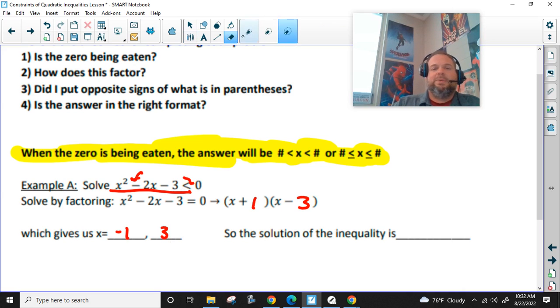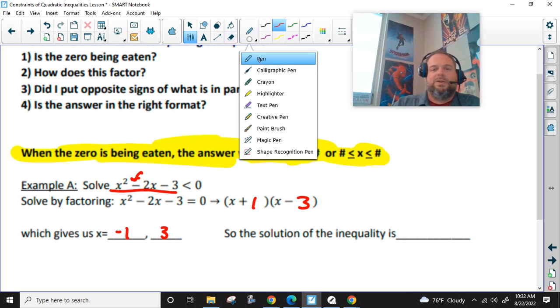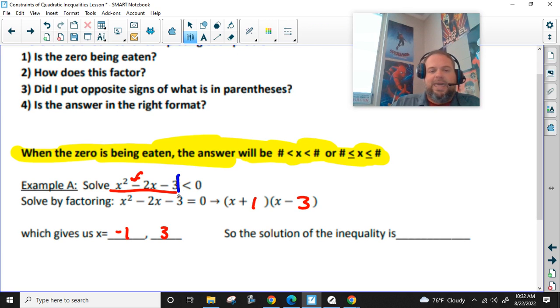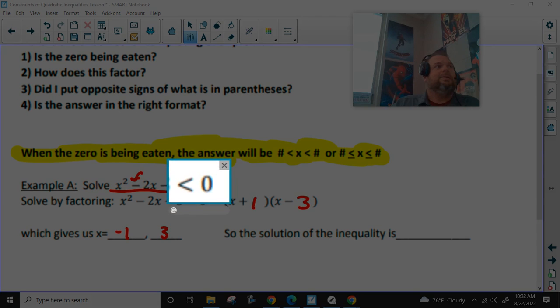Look, this is what I mean by the zero being eaten. I don't know if y'all had this when y'all were growing up learning inequalities, that the teacher said the alligator eats the bigger number.